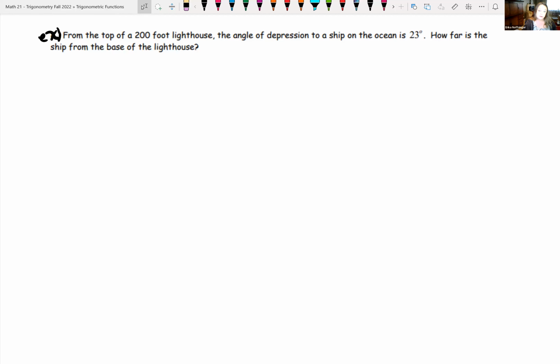Okay, so the example in front of us says from the top of a 200-foot lighthouse, the angle of depression to a ship on the ocean is 23 degrees. So how far is the ship from the base of the lighthouse? So sometimes writing or making pictures is helpful. And so we have some lighthouse here.